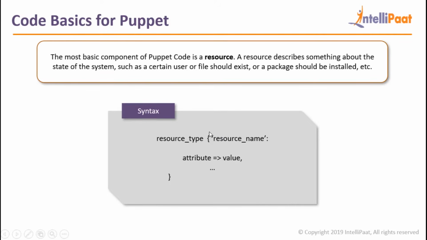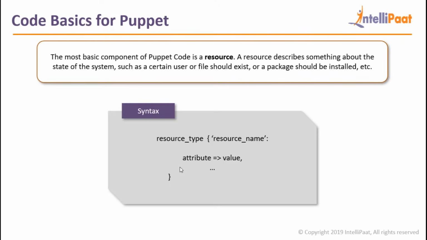If it's a package, you'll specify the package name over here, and then you specify the attributes, whether it has to be installed, whether it has to be present there, whether it does not have to be present there, what the permissions of the file are. All that can be declared in the attribute and the value, and then you close the brackets, which means that this particular resource has been defined.